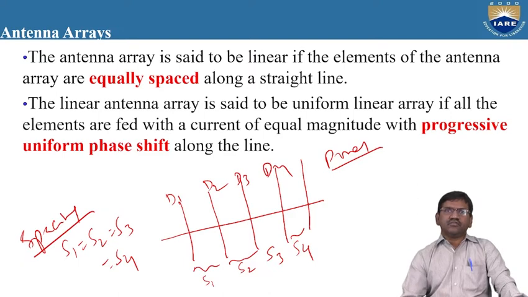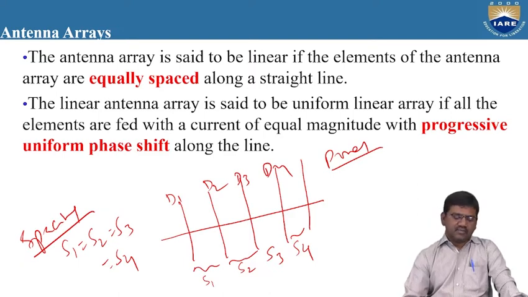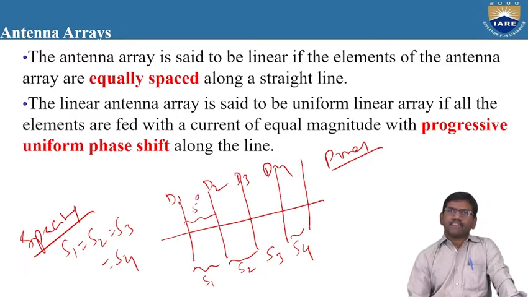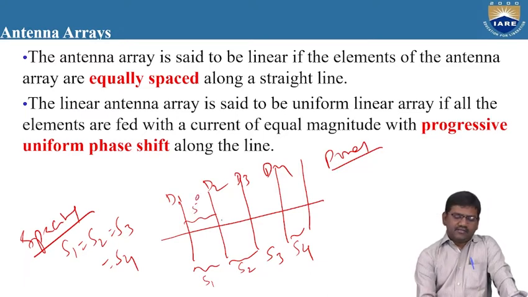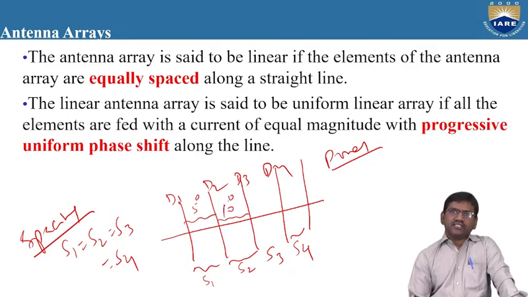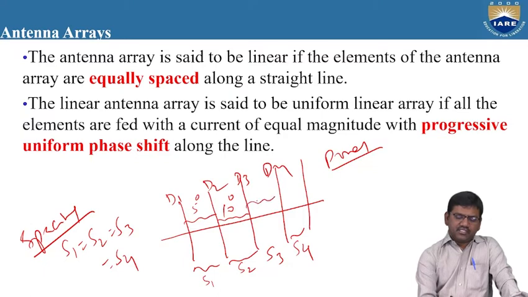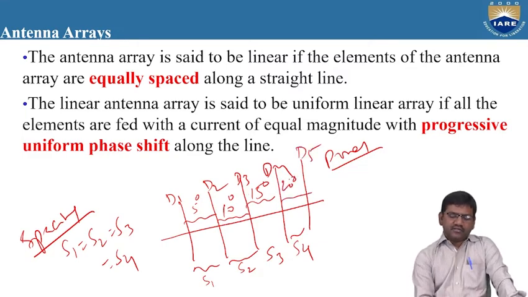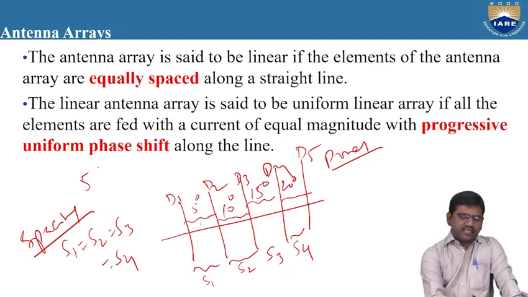And there is a uniform progressive phase shift along the line. That means the phase difference between D1 and D2 is, let us say, 5 degrees. Between D2 and D3, the phase difference is 10 degrees. Between D3 and D4, it is 15 degrees. Between D4 and D5, it is 20 degrees. So you can observe here 5 degrees, 10, 15, 20.